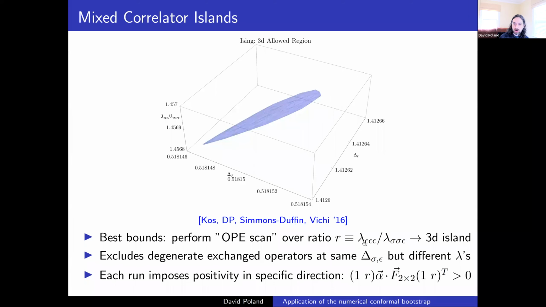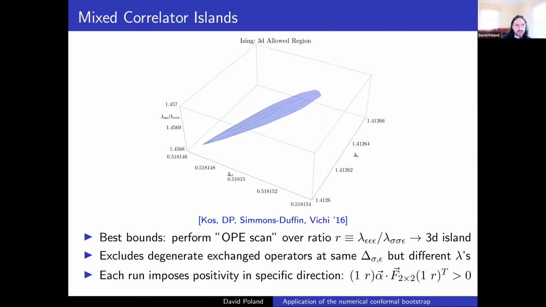Let me call the ratio R, which is lambda epsilon epsilon epsilon divided by lambda sigma sigma epsilon. You input this relative value, and then you can check if a given point in the three-dimensional space, delta sigma, delta epsilon, R is allowed or not. And then you can search through this three-dimensional space and map it out, and this gives rise to a three-dimensional island.